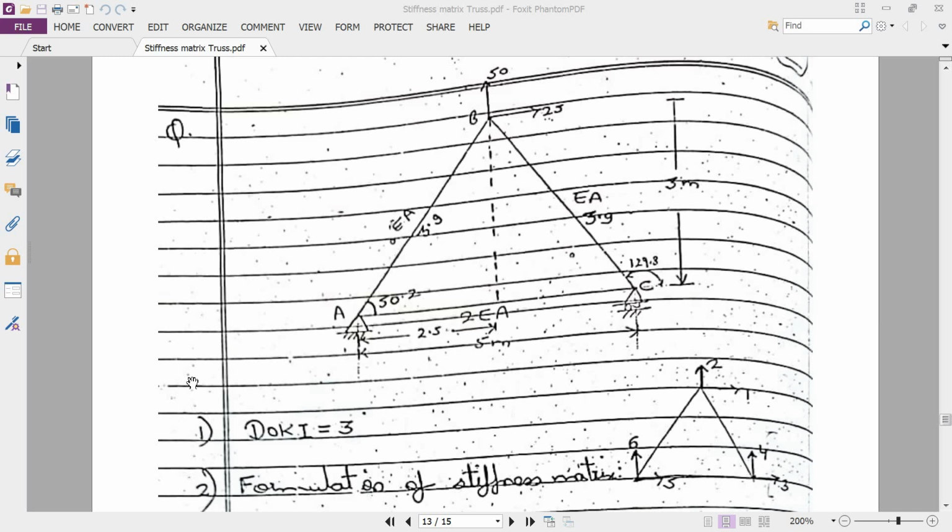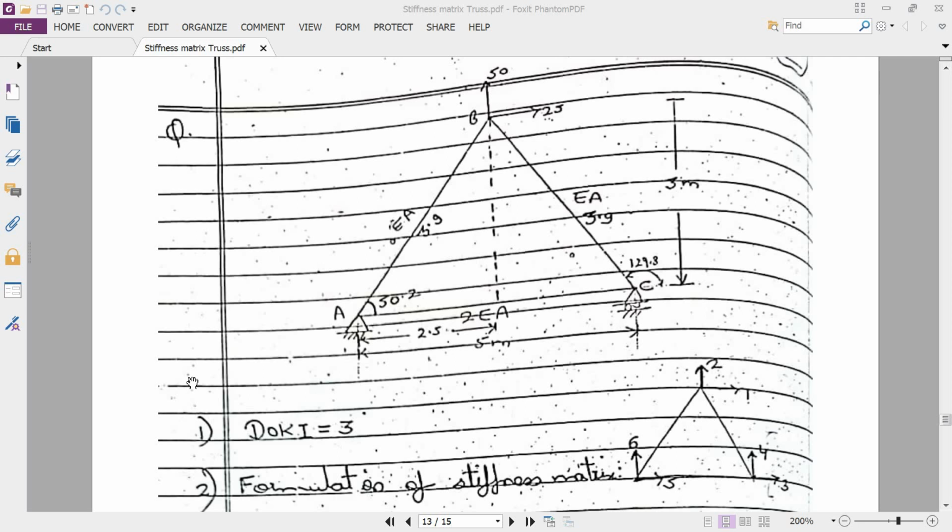Today we will see another example of pin jointed trusses, and the analysis of the pin jointed trusses to be solved by using the stiffness matrix method. So as shown on the screen, this is a triangular geometry of a truss having joints A, B and C, out of which joints A and C are the hinge and roller supports.